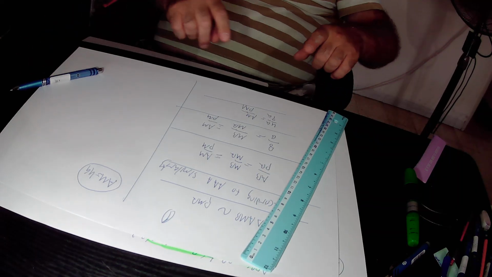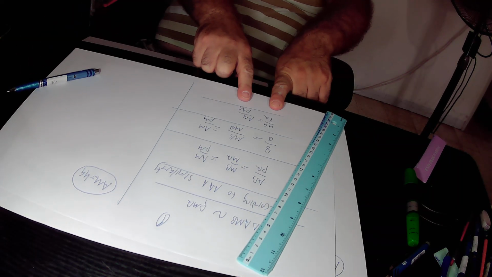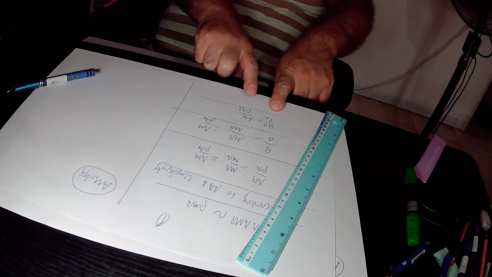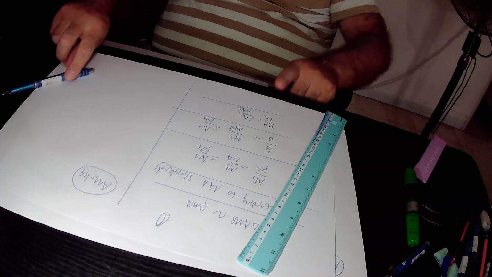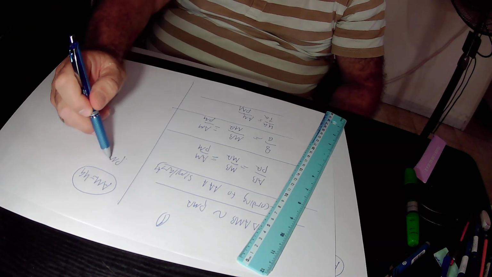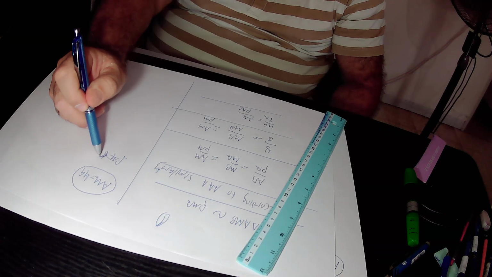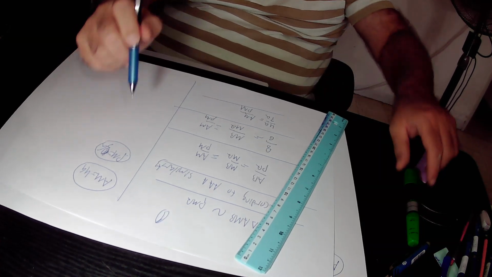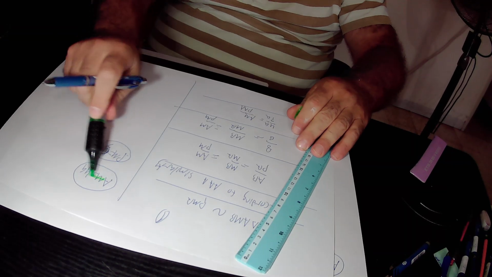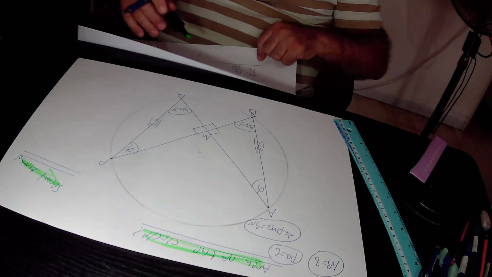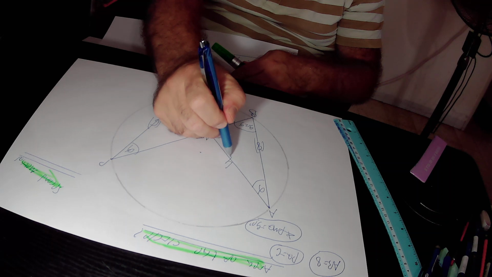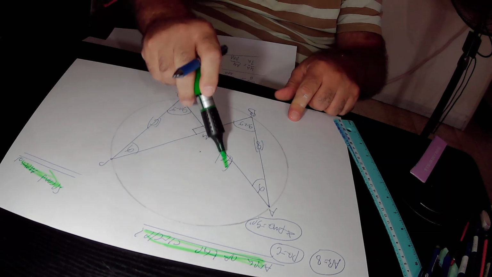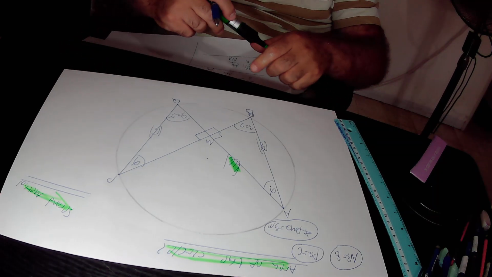Likewise, the denominator of this side must be equal to the denominator of this side, that is to say, PM equals 3A. So we should find out that AM equals 4A and PM equals 3A. This is side AM, that is equal to 4A. This is side PM, that is equal to 3A.